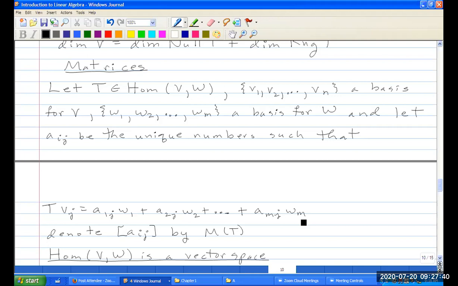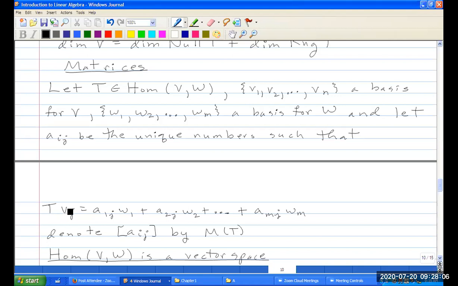are they unique? Because remember, for a basis, every vector has a unique representation. T goes from a vector space to another vector space, so this is some vector. For any vector here, I have a unique linear combination of elements from this basis.